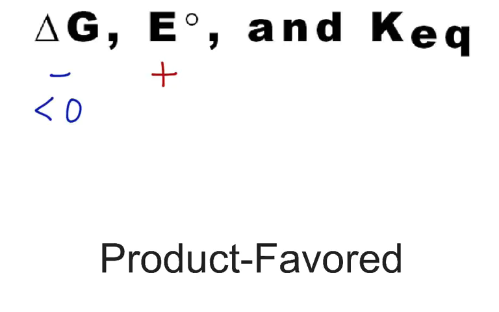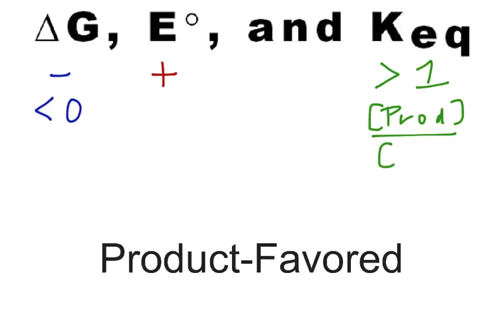It would be product favored. And a long time ago with K EQ, anytime K EQ is greater than 1, that is product favored, because K EQ was the concentration of our products divided by the concentration of our reactants. If that comes out larger than 1, then we have lots of products.